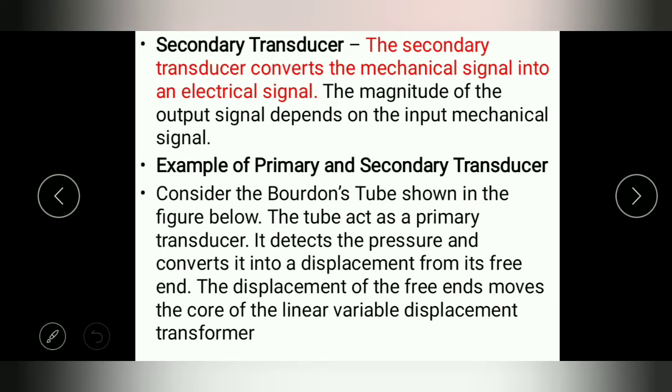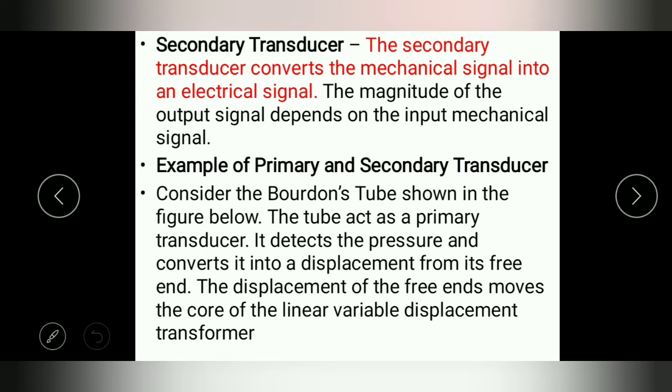Then the secondary transducer is where this mechanical signal is converted to an electrical signal. It is basically an electrical device which converts the mechanical signal to an electrical signal. The magnitude of the output signal depends upon the input mechanical signal. So that is the classification of primary and secondary transducer.